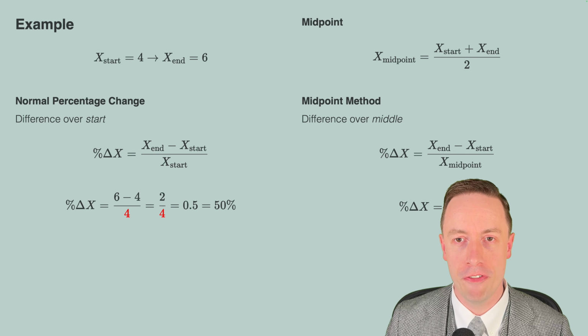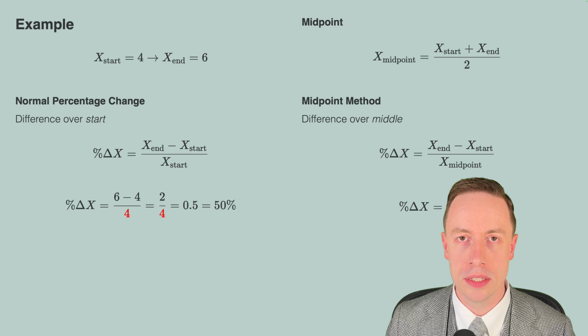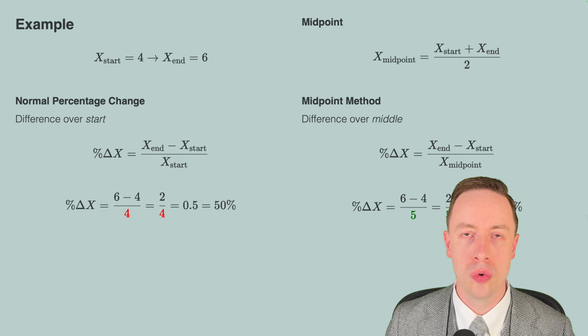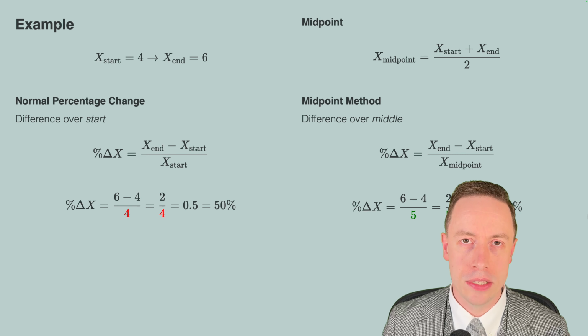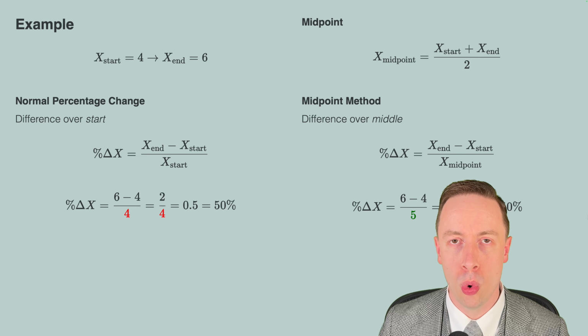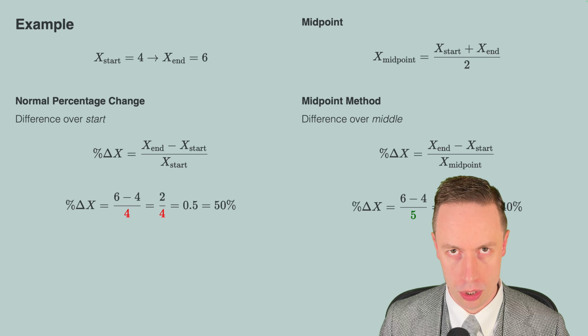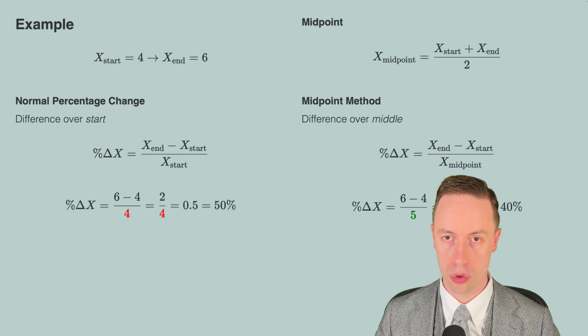We're dividing by 5. So in this case, we would have the difference 2 over the middle 5. That's 0.4. Or after we do our conversion, 40%. So we got normal percentage change method. We got midpoint method.